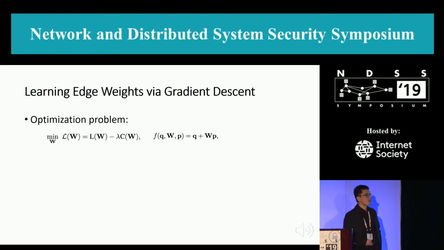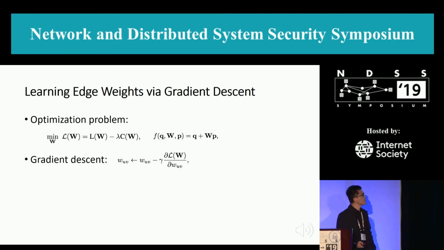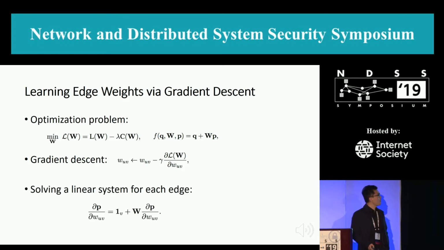This is definitely very hard to solve using analytic methods, so we use gradient descent to learn each edge weight. However, using some calculations, we found that to learn each edge weight w_vu, we need to solve another linear system for each edge weight. And this is definitely very computationally expensive.